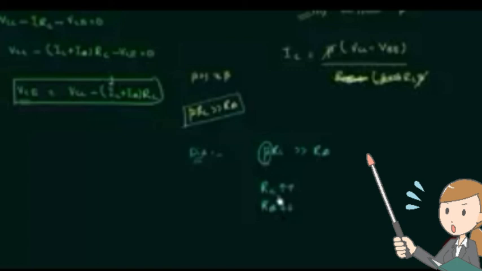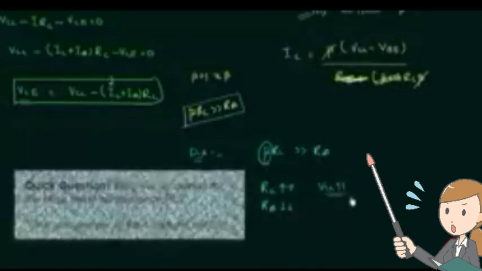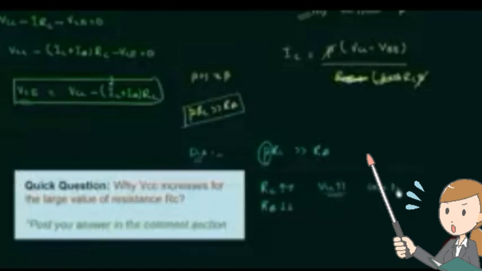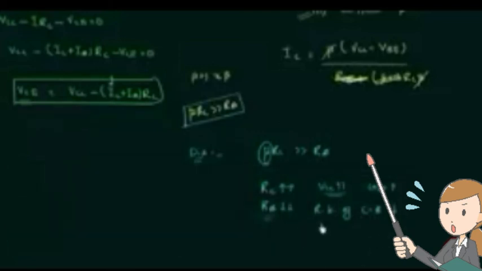Now if we make RC very large, a high value of biasing voltage VCC is required, and because of this cost will increase, and also precautions will increase. If we make RB very low, the reverse bias of the collector base junction will reduce. So this is a disadvantage of the collector feedback biasing.